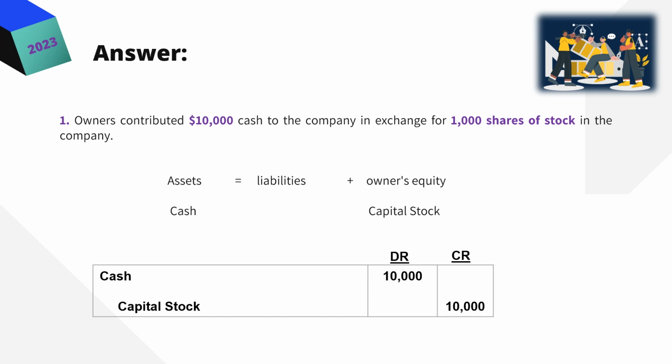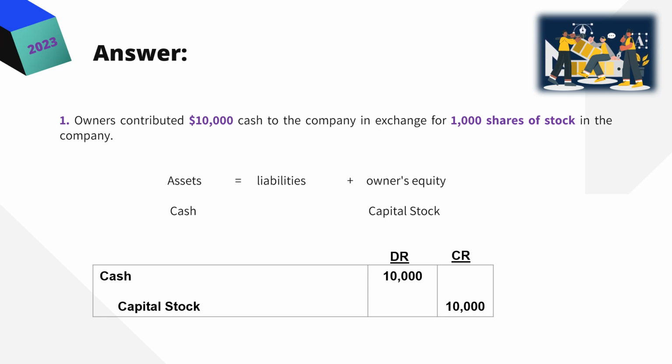In exchange for that contribution, they are issuing shares of stock, which are simply evidence of the ownership interests or rights of those investors. The value of their contribution, or the amount that they have contributed in exchange for that, is the amount of capital stock, or the valuation placed on owner's equity.